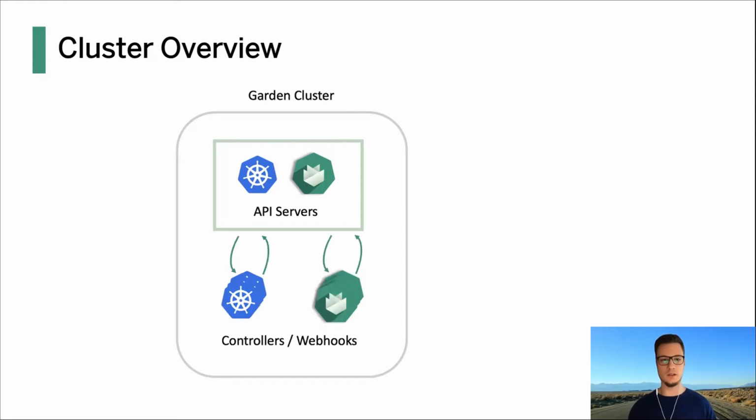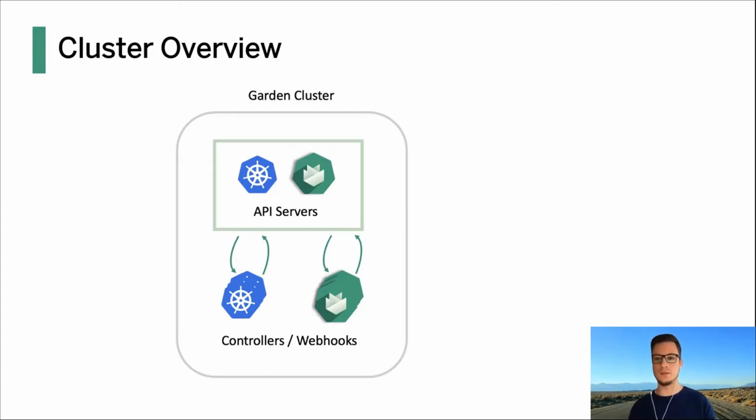Also in the garden cluster, we have different controllers and webhooks, for example the controllers from the Kubernetes controller manager and from the Gardener controller manager. The webhooks contact the API servers, request, post, and update resources, on a constant basis more or less.